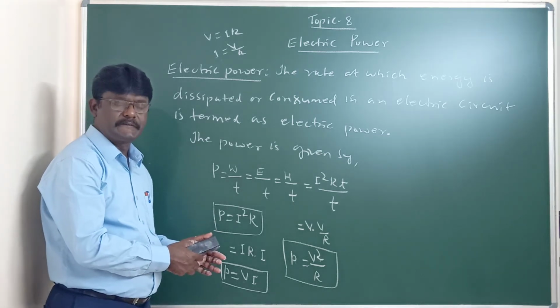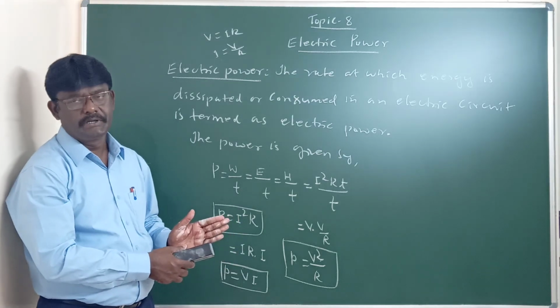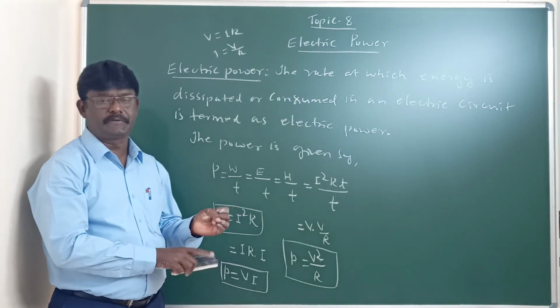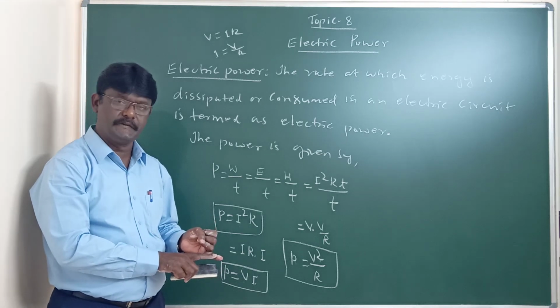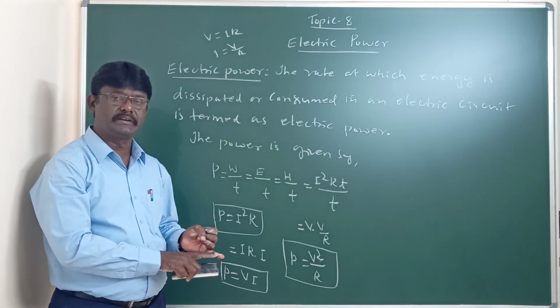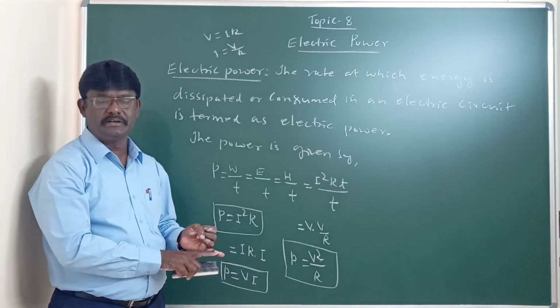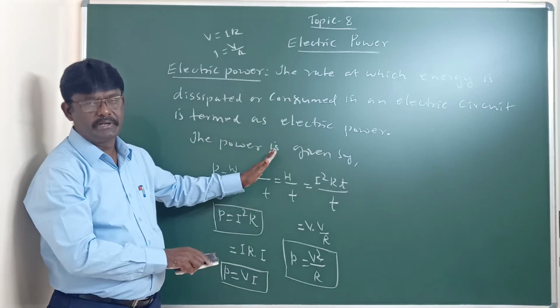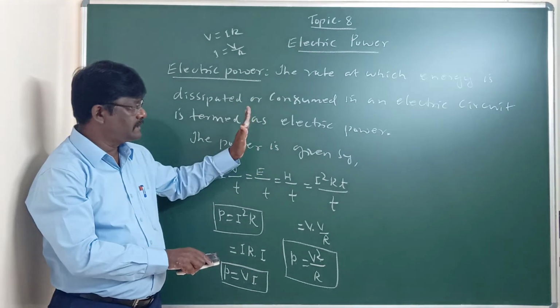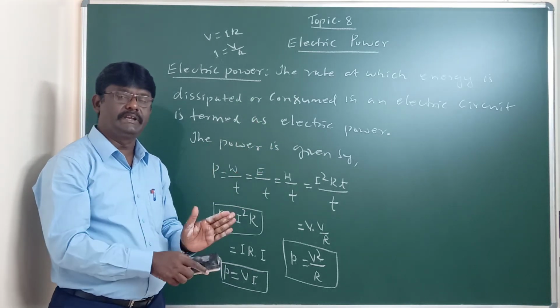In today's lesson, so far we discussed the main basic concepts: resistors connected in series, resistors connected in parallel, the heating effect of electric current, and electric power. In all these, we have definite equations.